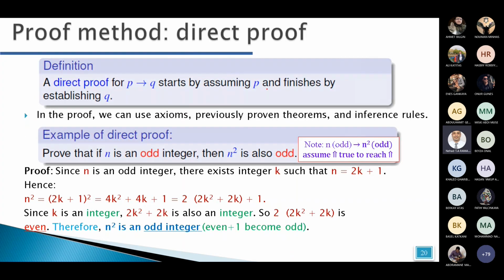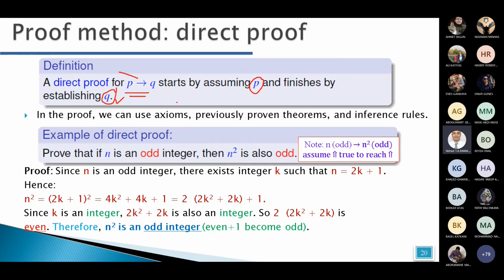So the first method for mathematical proof is direct proof. It's proving that P implies Q. So we start with P, the premises, maybe more than one premise, and we get the Q.